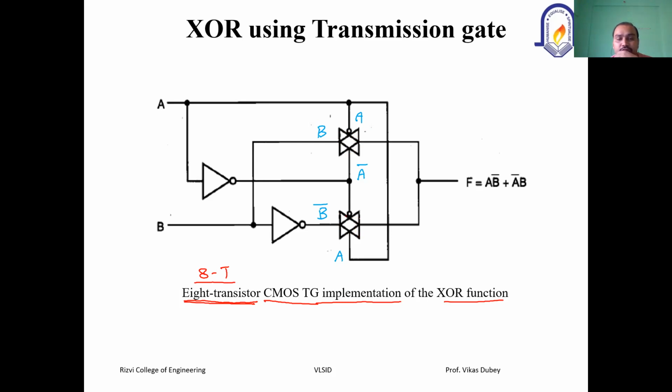So 2 plus 2, 4 transistors. But we have 8 transistors. So can anyone let me know why 8 transistors are given here? This is not wrong. This is correct. We have 8 transistors, but can anyone tell me where the remaining 4 transistors are?